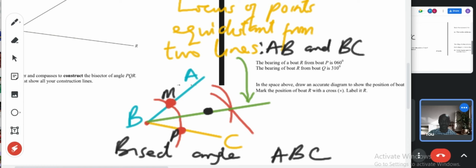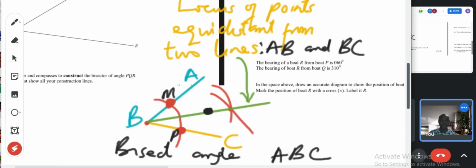At M, open it and make a reasonable arc. Then place it again at P and make another arc. Where the two arcs intersect, join that point to B. This line is the locus of points equidistant from line AB and line BC.